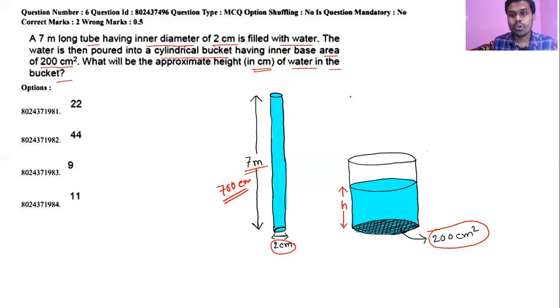We know that the volume of a cylindrical tube is V equals area of base into height.